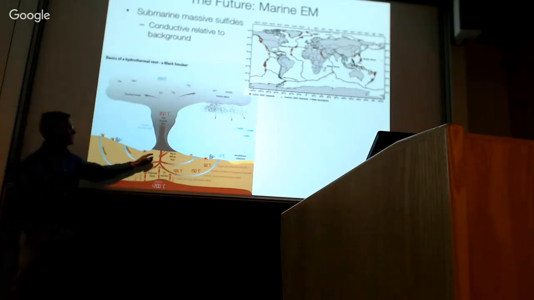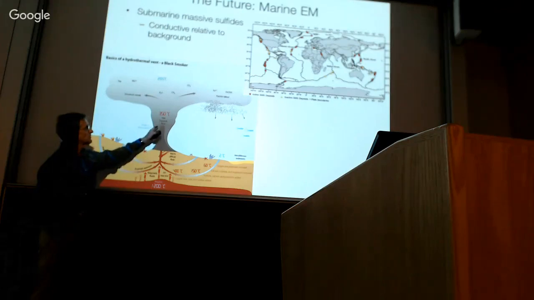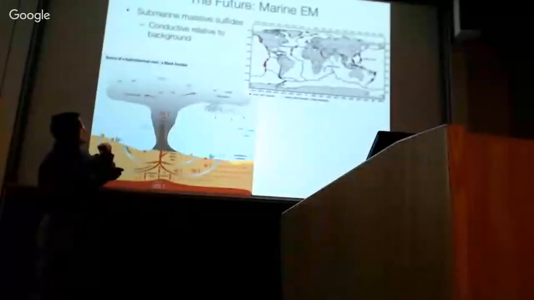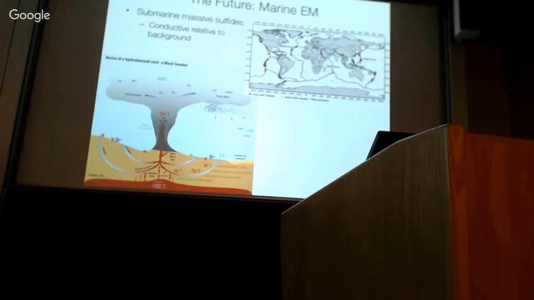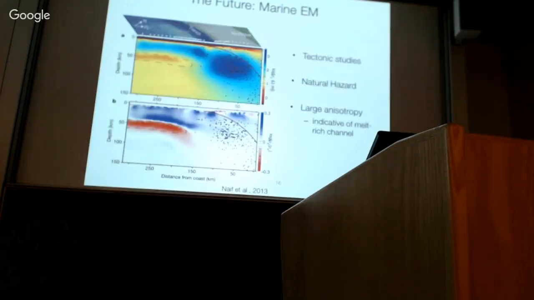You get black smokers, and there are all kinds of minerals coming up, and they get deposited on the ocean floor. So now you've got both conductive and chargeable material on the ocean floor, and you could just go ahead and do some EM surveys over top of that. And again, the Japanese are well advanced in doing this.